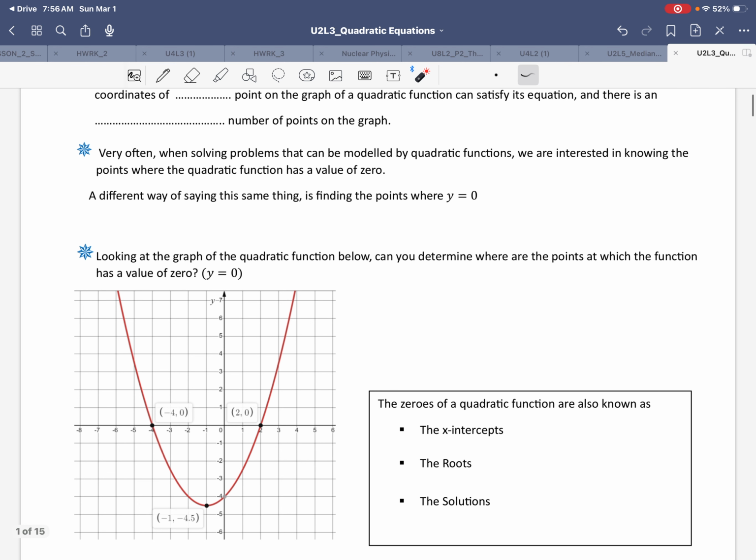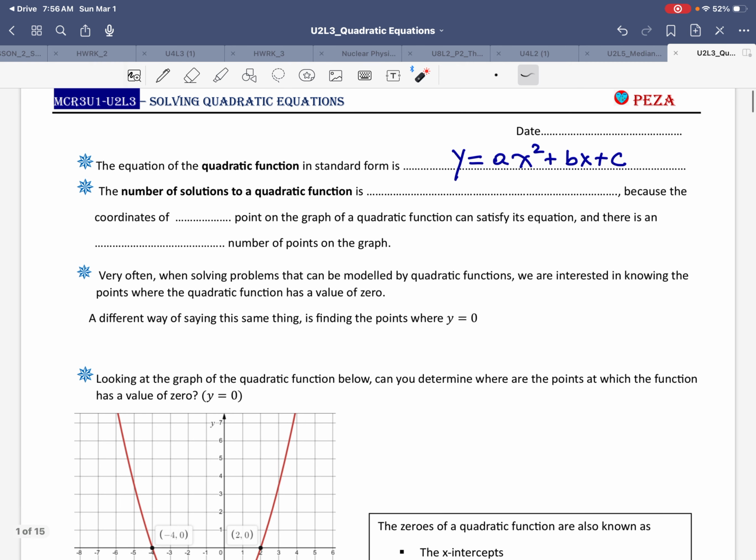And when you think about it, how many points are there on the graph of a quadratic function? It is very hard to count them all because there will be an infinite number of points that lie on this graph, which means that there will be an infinite number of ordered pairs that satisfy this equation. And the ordered pairs that satisfy the equation are the solutions to this quadratic function.